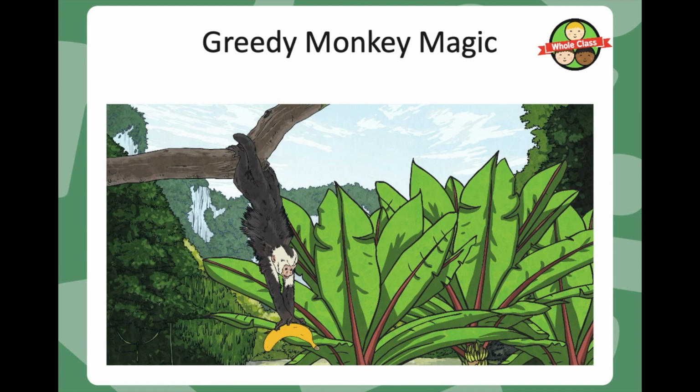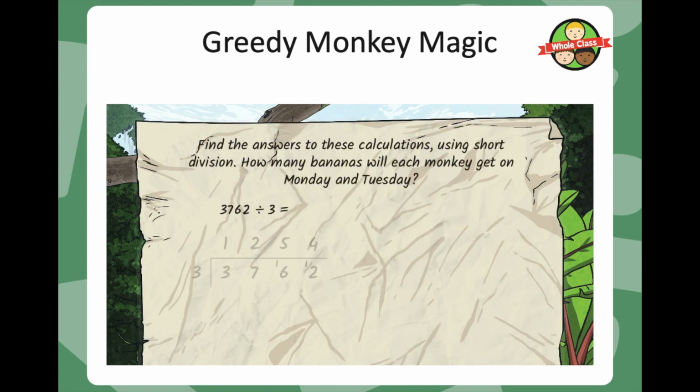Greedy monkey magic. Find the answers to these calculations using short division. How many bananas will each monkey get on Monday and Tuesday? So we've got 3,762 divided by 3 on Monday, and on Tuesday we've got 3,765 divided by 3. The answer to the first calculation we can see is 1,254, and the answer to the second one is 1,255.